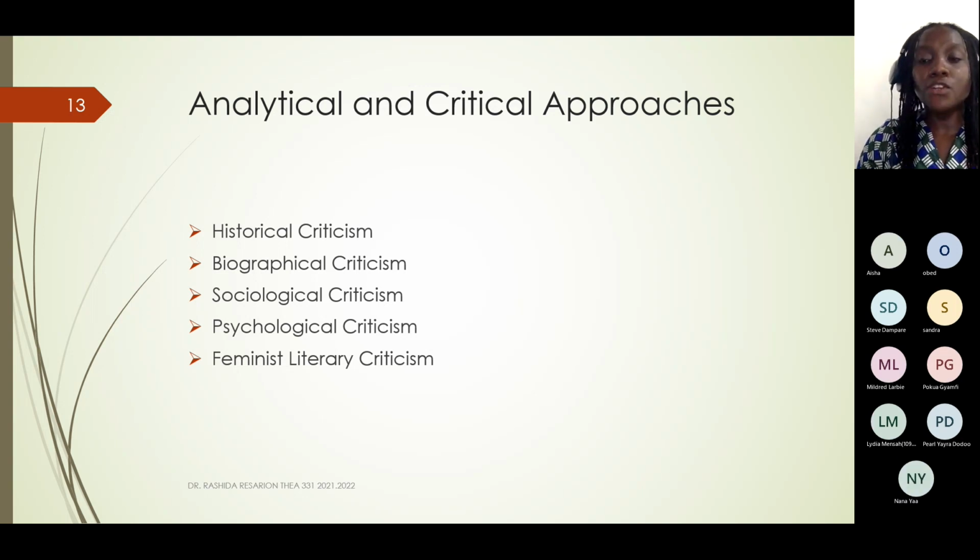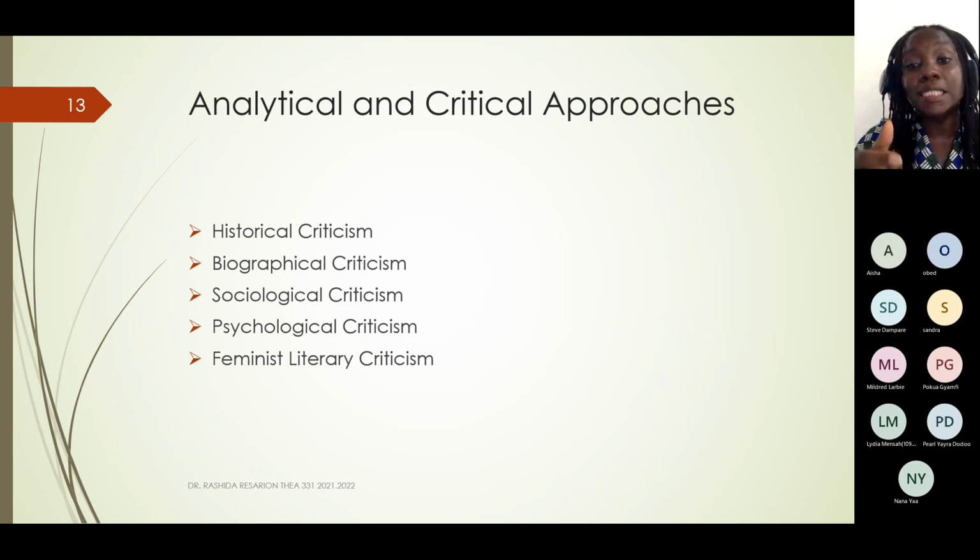Okay. So there are various critical approaches. When you read a play and you are not doing formalist analysis, which is the kind of analysis that just focuses on the text alone and dissecting it to see how all the elements are related to each other and how they work together to communicate a meaning, then it means that you are doing one of these: a historical criticism, a biographical criticism, sociological criticism, psychological criticism, or feminist literary criticism.